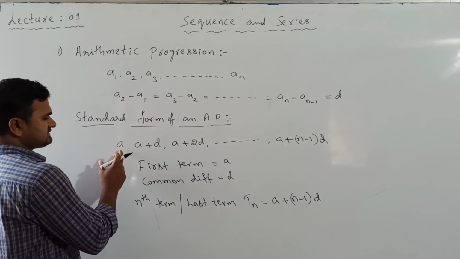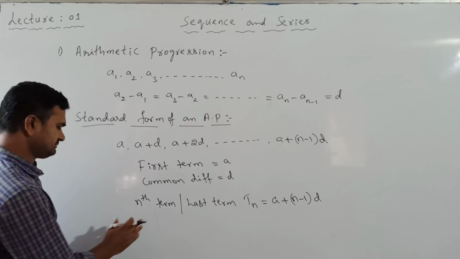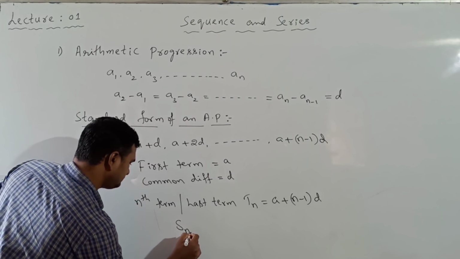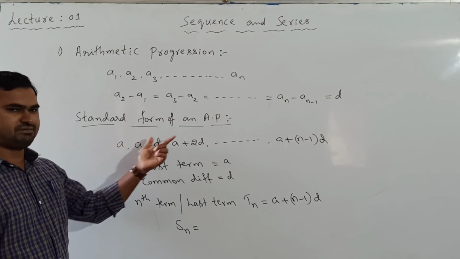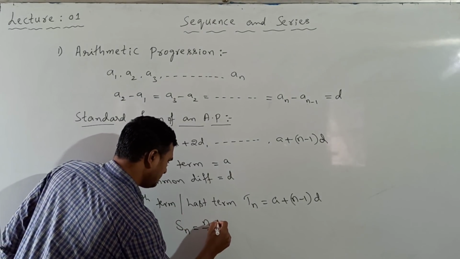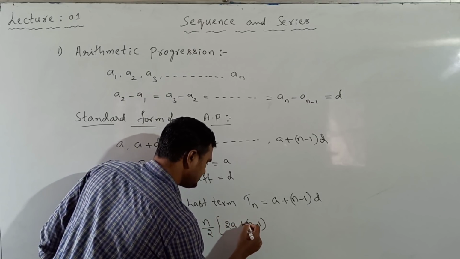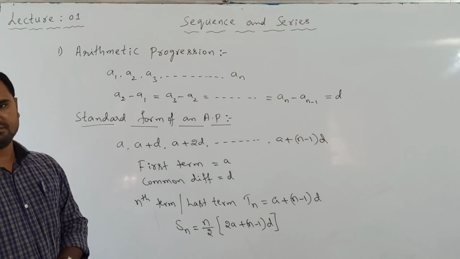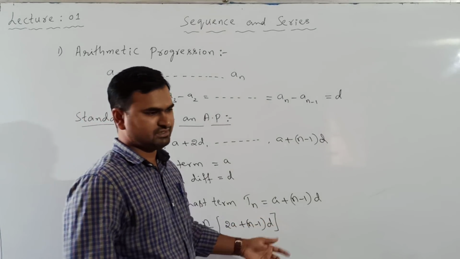Then the sum of the first n terms of a standard arithmetic progression is given by Sn equal to n by 2 into 2a plus n minus 1 into d.